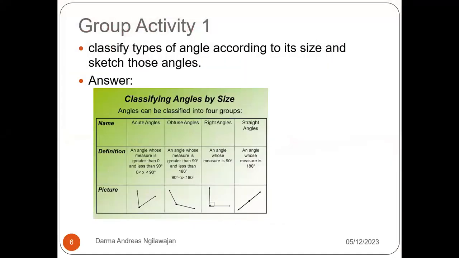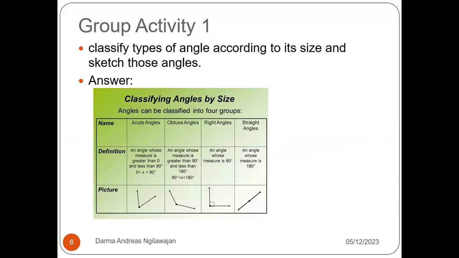Let's continue. Okay. So, has Ibu Yanti given this group activity to all of you or not yet?